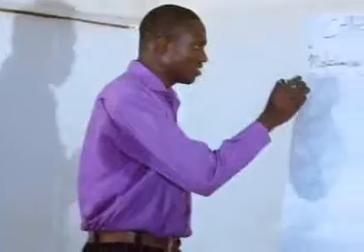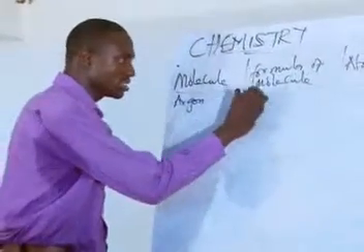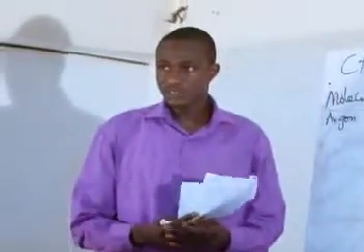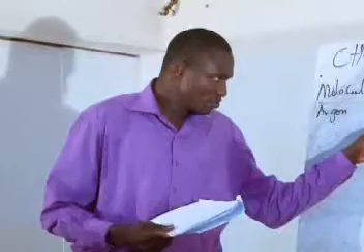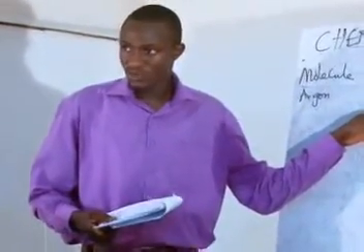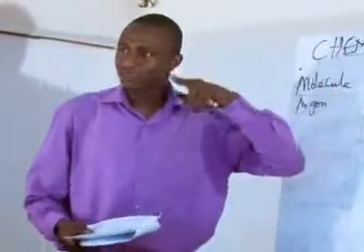For instance, if we have argon, the formula of argon molecule is Ar. When we get to elements and symbols of elements, I'm going to make reference to things like this. Although it may be strange to you, this is what we call symbol or formula in terms of molecule.